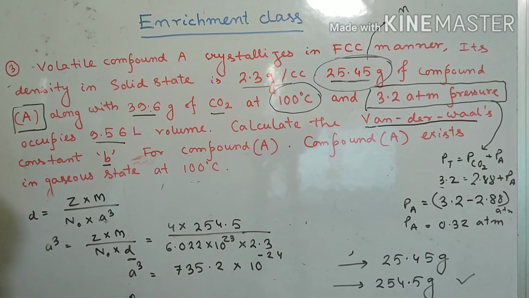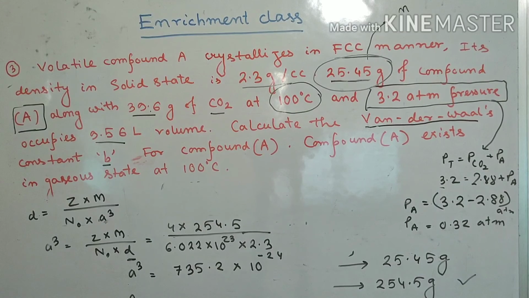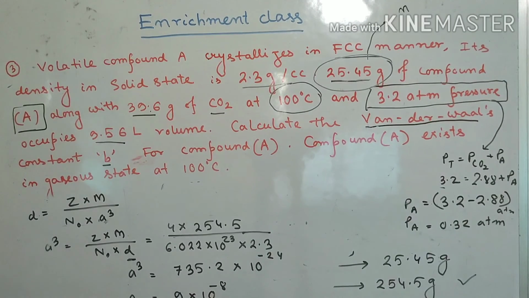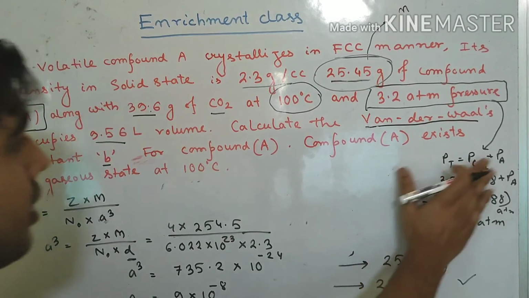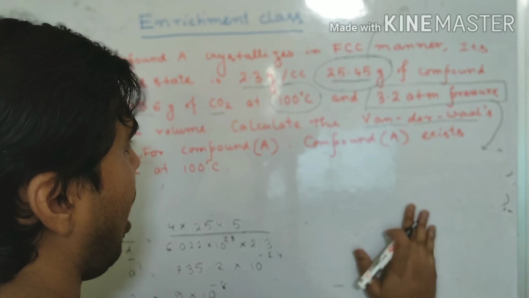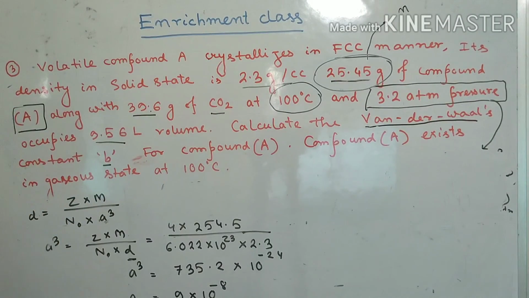So I need the value of a actually. So a should be 9 into 10 to the power minus 8, roughly around I can say. So now I have got a. When I have got a, I can calculate the value for r. That is actually what I need.